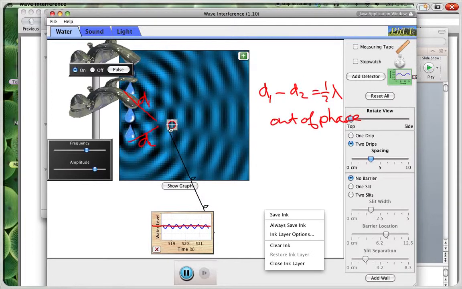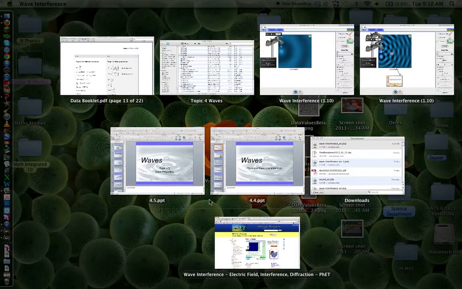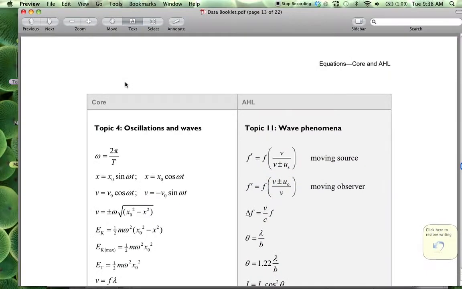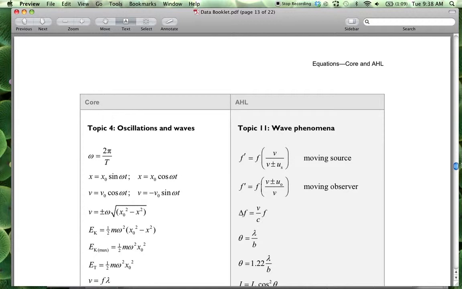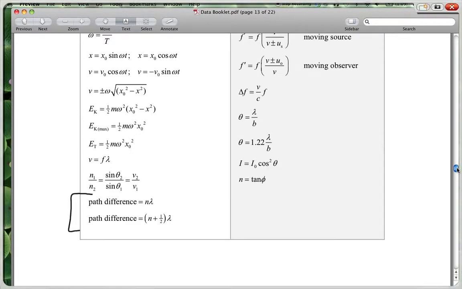Now, that relates to these two formulas. If I pull up my data booklet here, these two formulas over here are linked with your interference.